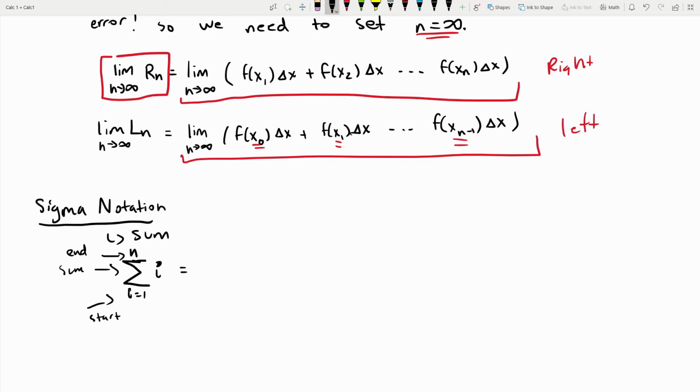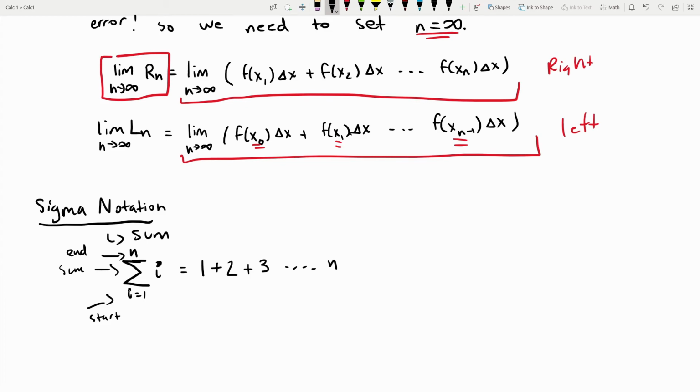So the first time we go through it, i is going to equal 1. And then we're going to add because it's the summation, and we're going to iterate all the way up until the end, which is n. So it's going to go i equals 1, then we add i equals 2, then we add i equals 3, all the way to i equals n. So this is what the sigma notation does.